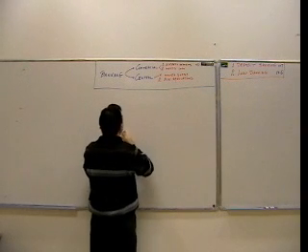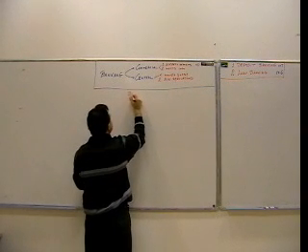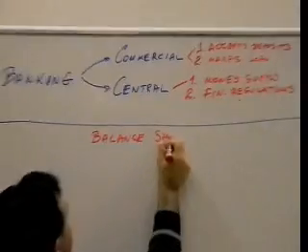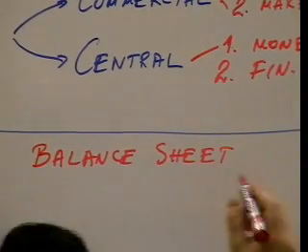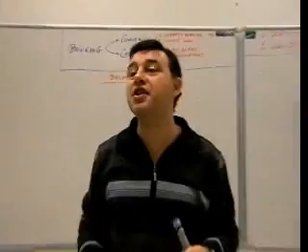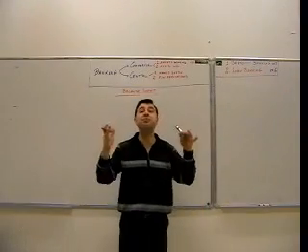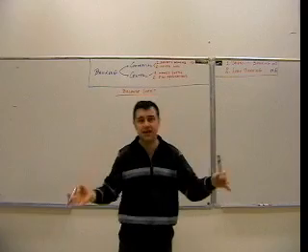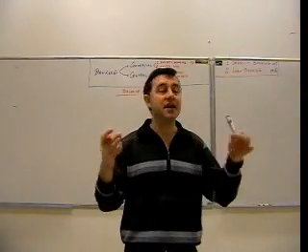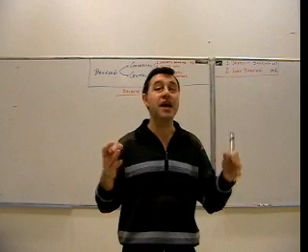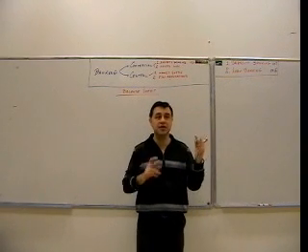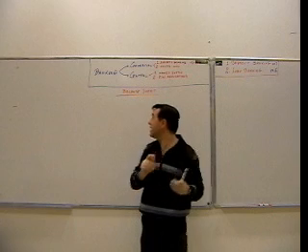So the next concept is that of a balance sheet. A balance sheet is simply a complete and extensive list of all assets and liabilities of an entity. So now I have to explain 3 words: assets, liabilities, and entity.